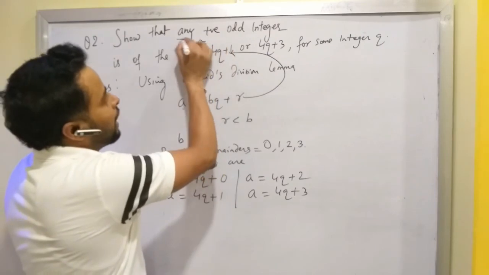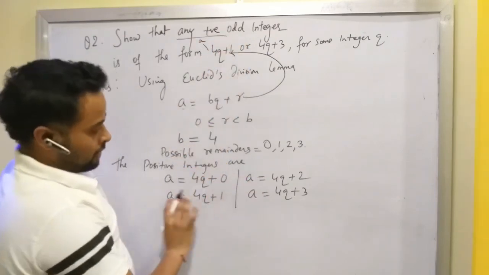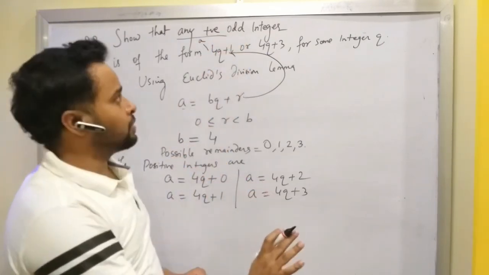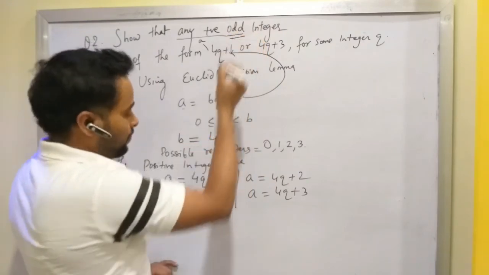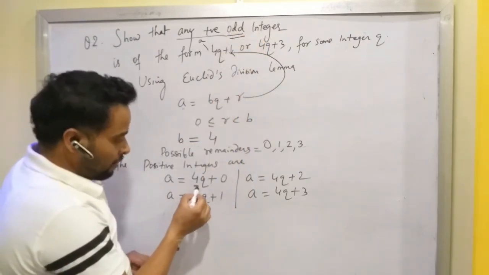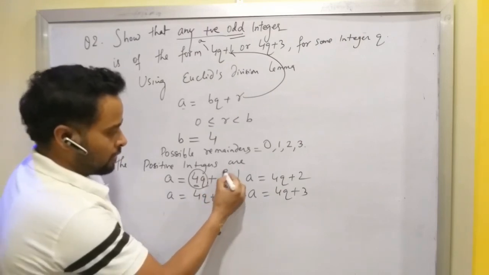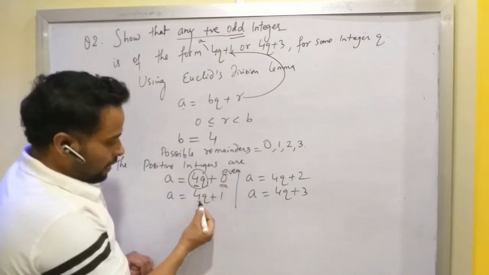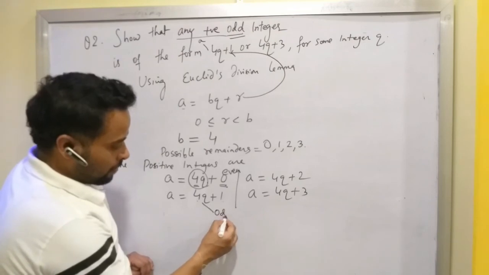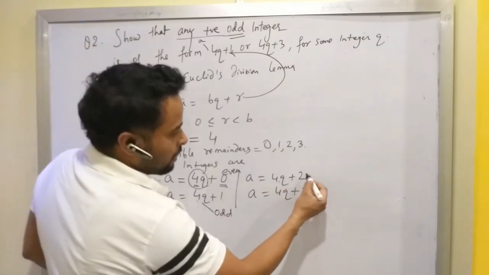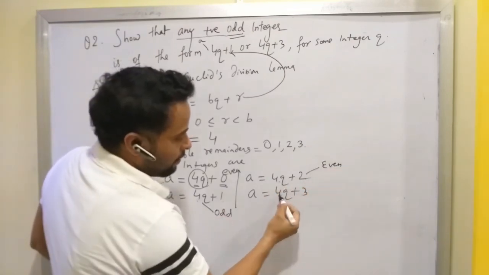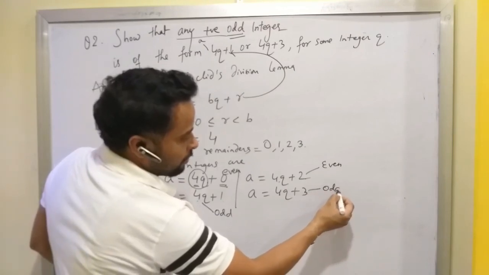Now, so that any positive odd integer is of the form 4q plus 1, 4q. Any positive, I have written positive integers. There are 4 different types. When they are saying odd, 4 is even, so this is even. Even plus even is even. Even plus odd is odd.